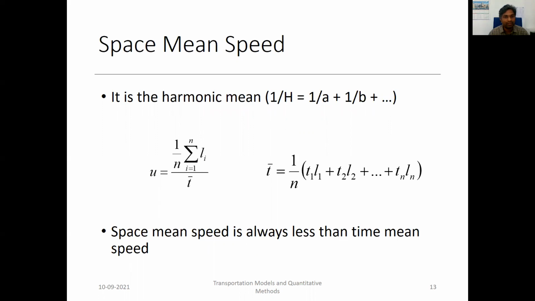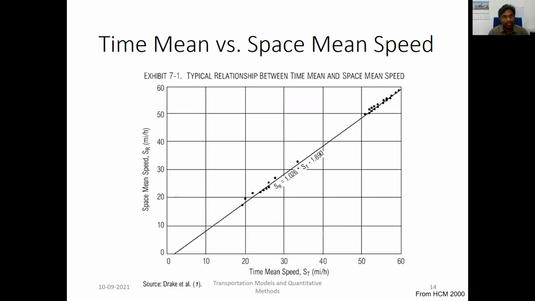So this is the harmonic mean speed of the vehicles, and space mean speed is always less than the time mean speed. And then followed by time mean speed versus space mean speed, where there is a typical relation between time mean and space mean speeds. On the x-axis, we can see the time mean speed. On the y-axis, we have the space mean speed.